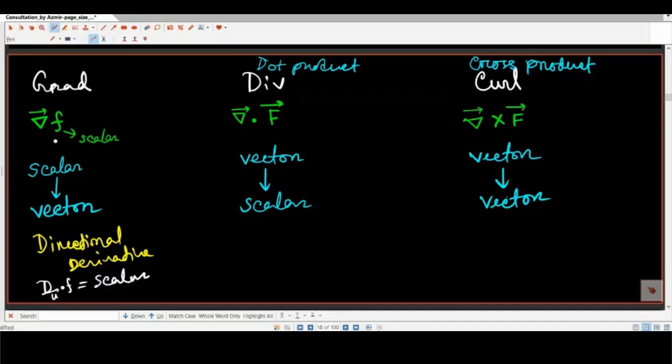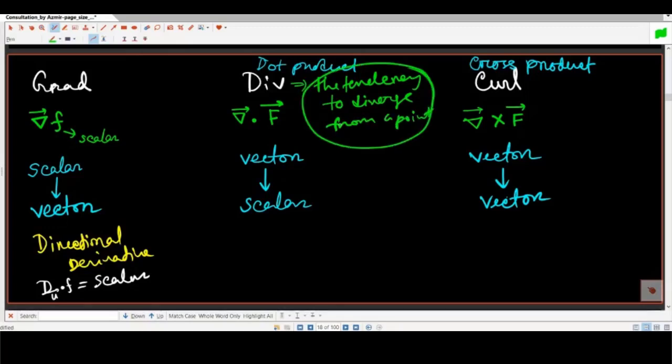That means by gradient we will convert a scalar to vector, and by directional derivative that vector will be converted to again a scalar. The meaning of divergence is the tendency to diverge from a point.